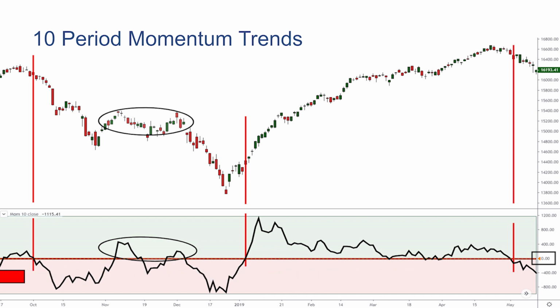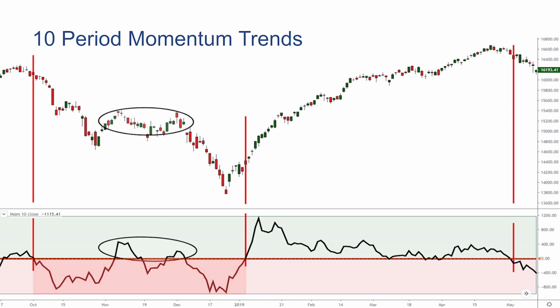What you can see is that I marked off two zones with the red lines. If we're looking at the first zone to the left, we can identify that even though there were two very short-term spurts, the majority of that time, the momentum stayed below the zero line.